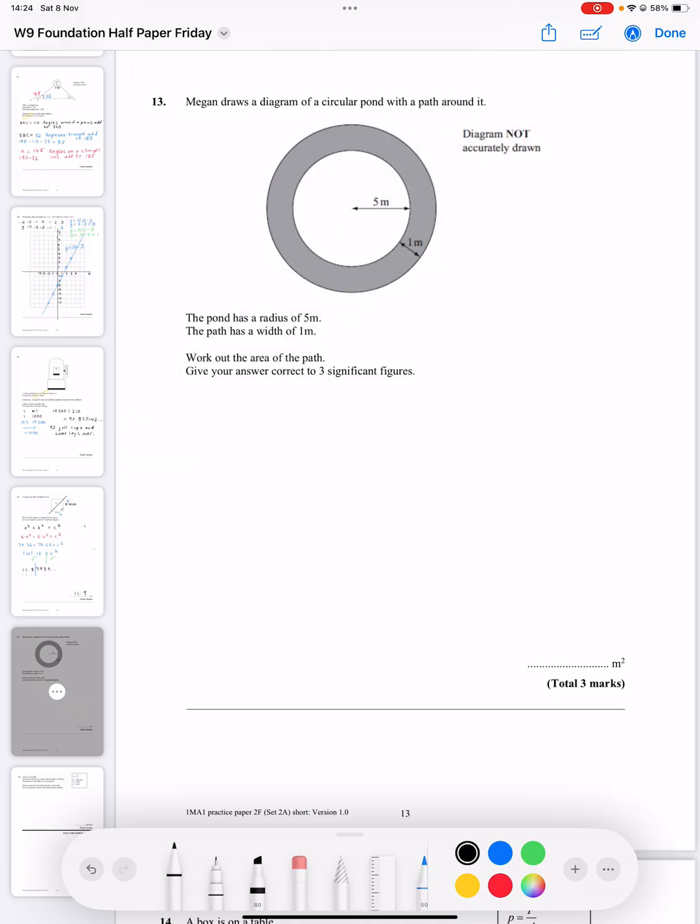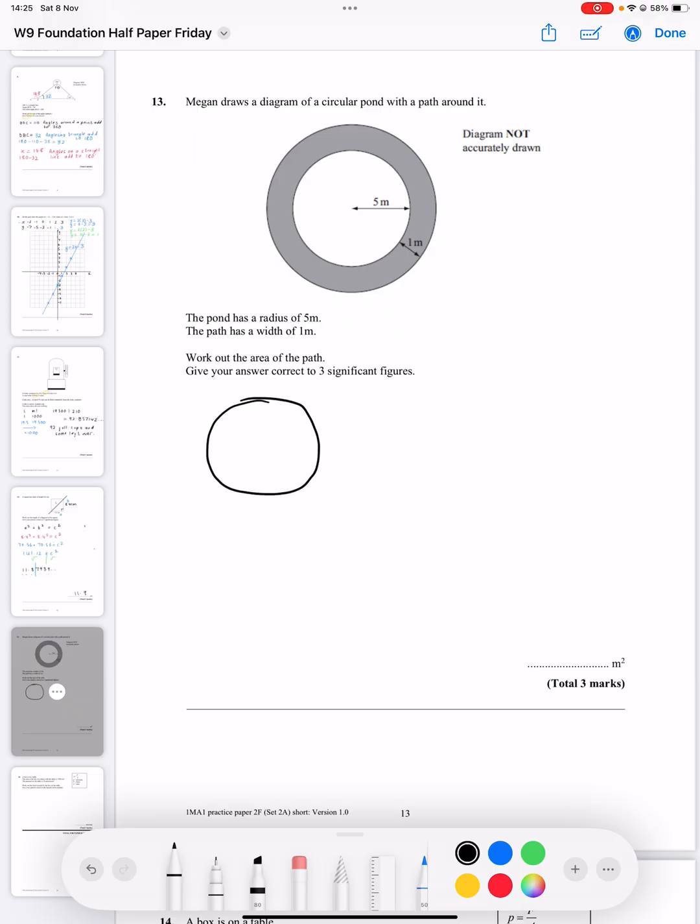Question 13. Megan draws a diagram of a circular pond with a path around it. The pond has a radius of 5 metres and the path has a width of 1 metre. Work out the area of the path and give your answers to 3 significant figures. So with this question, it's important to recognise we're going to work out the area of 2 circles and then find the difference in areas by subtracting.